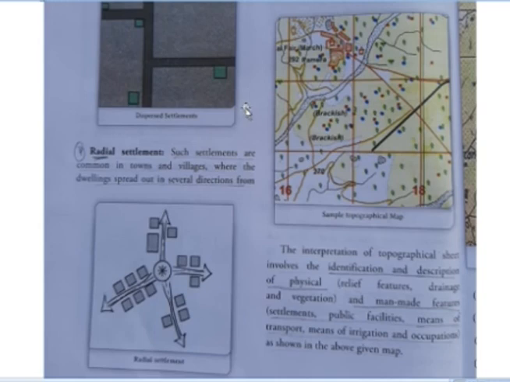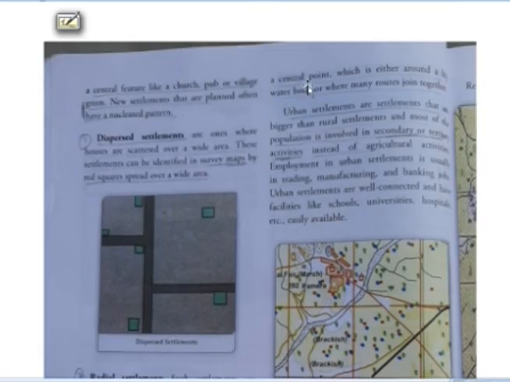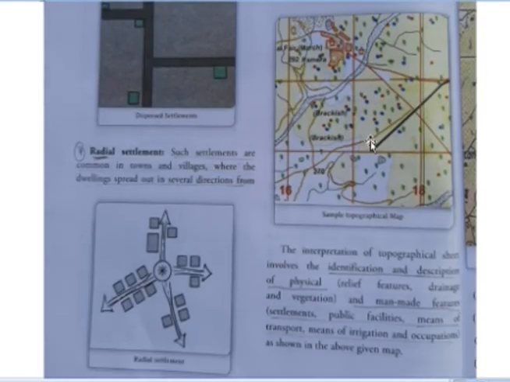And radial settlements. Such settlements are common in towns and villages where the dwellings are spread out in several directions from a central point, which is either around a water body or where many routes join together, like in this figure.